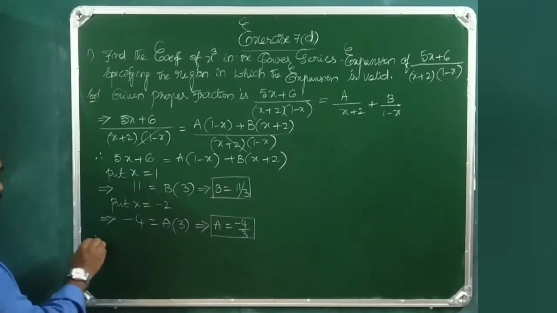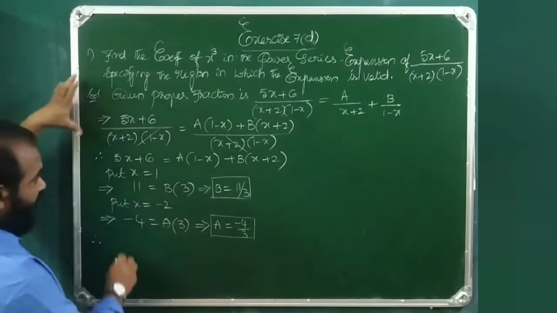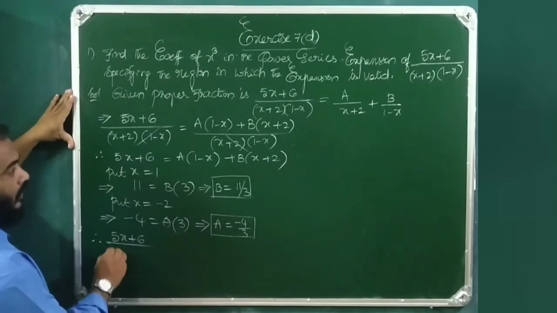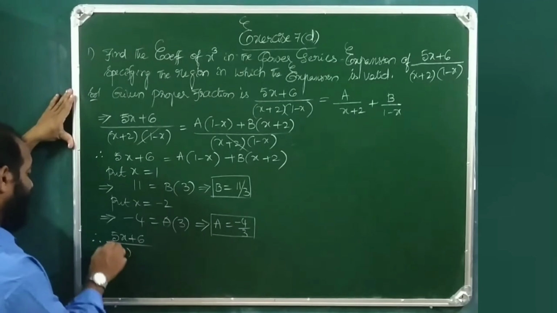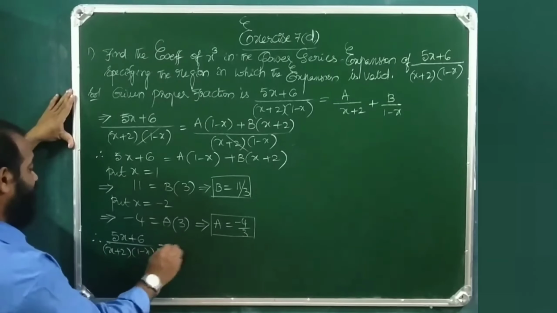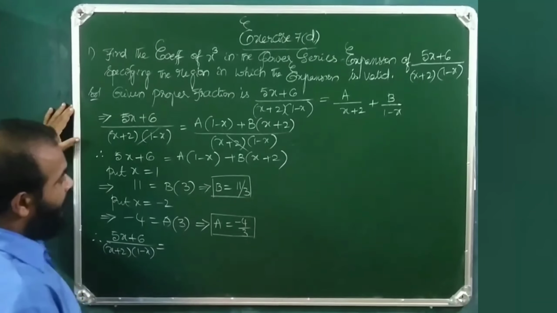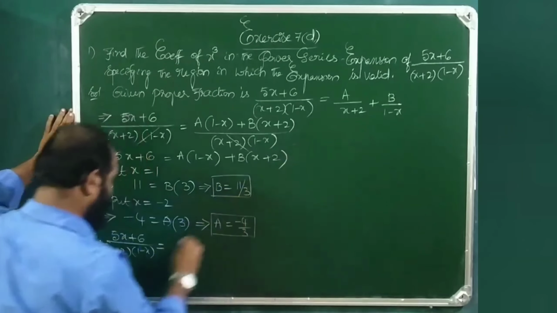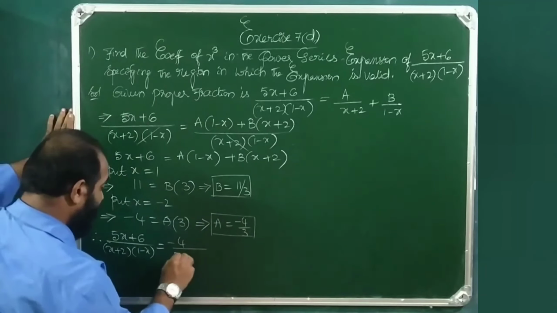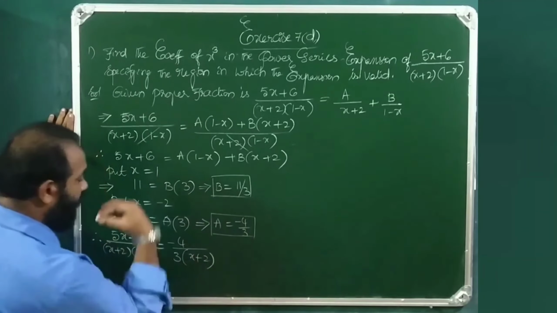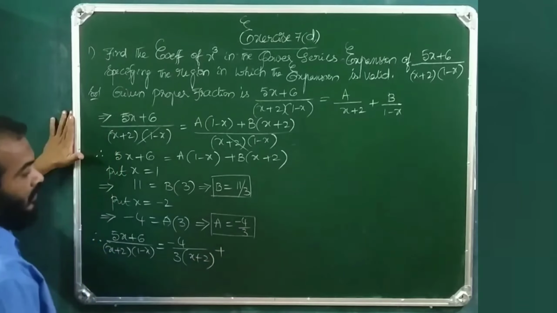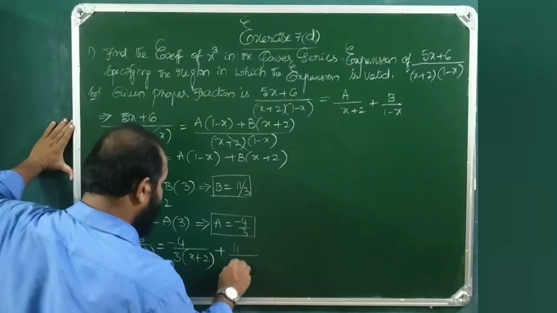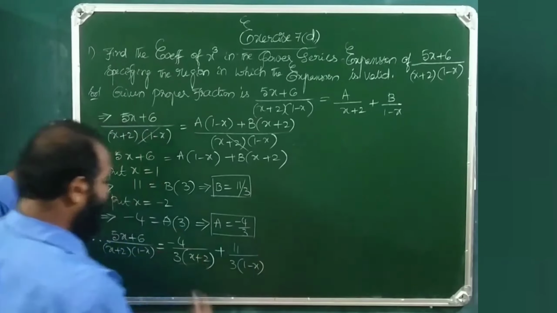Therefore (5x plus 6) by (x plus 2) into (1 minus x) is equal to, the value of A is minus 4 by 3, so minus 4 by 3 into 1 by (x plus 2), plus the value of B is 11 by 3, so 11 by 3 into 1 by (1 minus x).